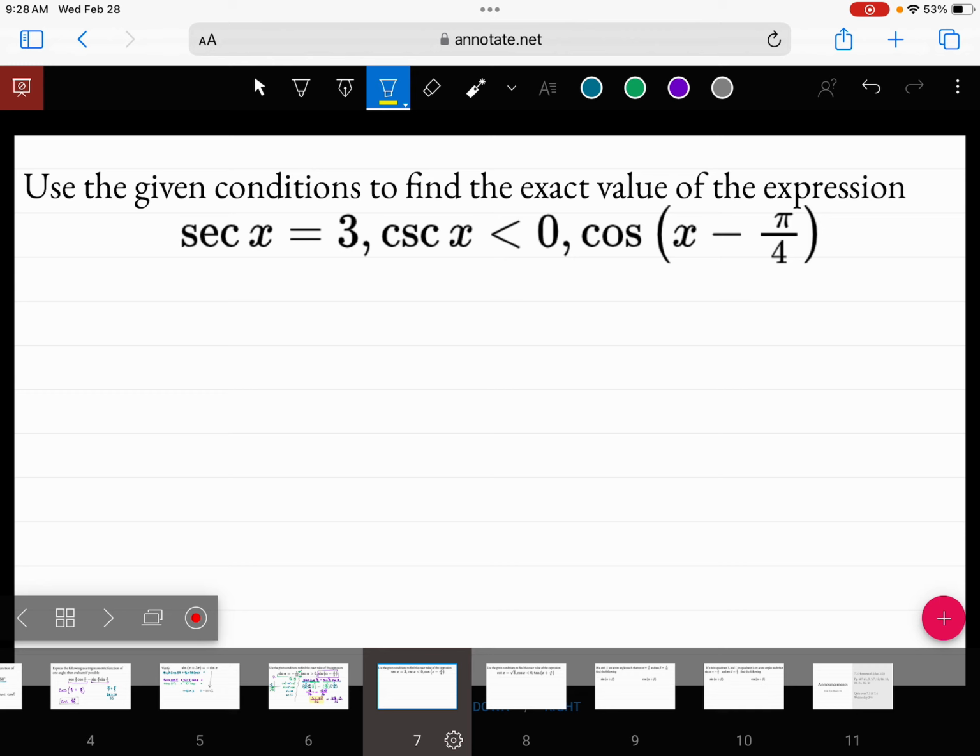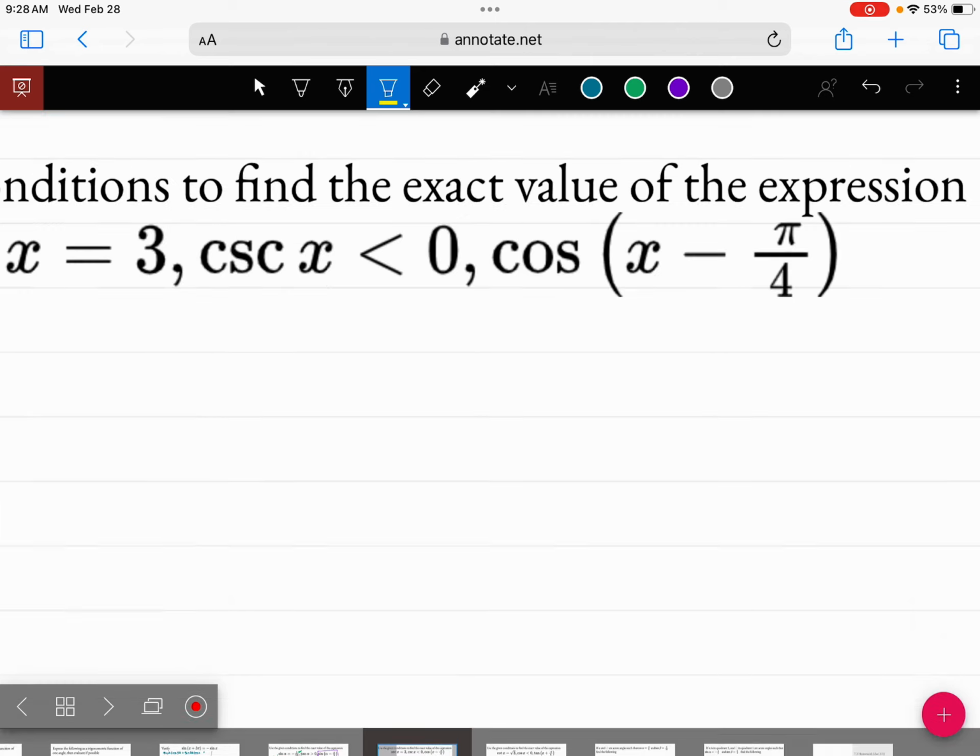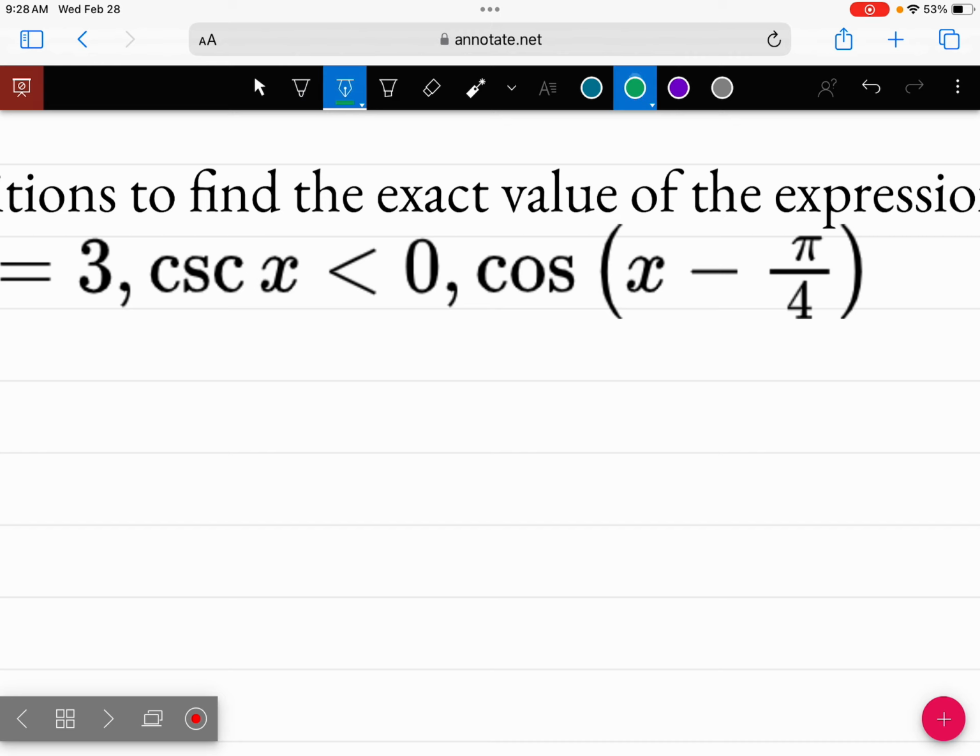We're given conditions, and we're asked to find the exact value of this cosine expression. So we know secant of x is 3, cosecant of x is less than 0, and we're asked to evaluate the cosine. So this is our goal. That's our end piece that we're looking to work on.